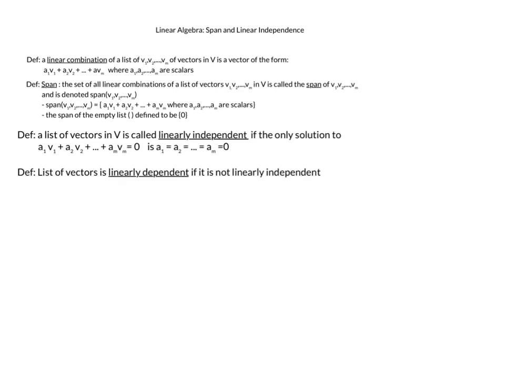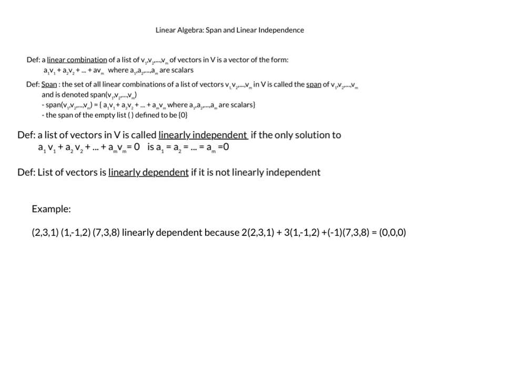And then a good definition for being linearly dependent: a list of vectors is linearly dependent if it's not linearly independent. In our first example, these three vectors are linearly dependent because 2 times the first vector plus 3 times the second vector plus -1 times the third vector is equal to 0, 0, 0.